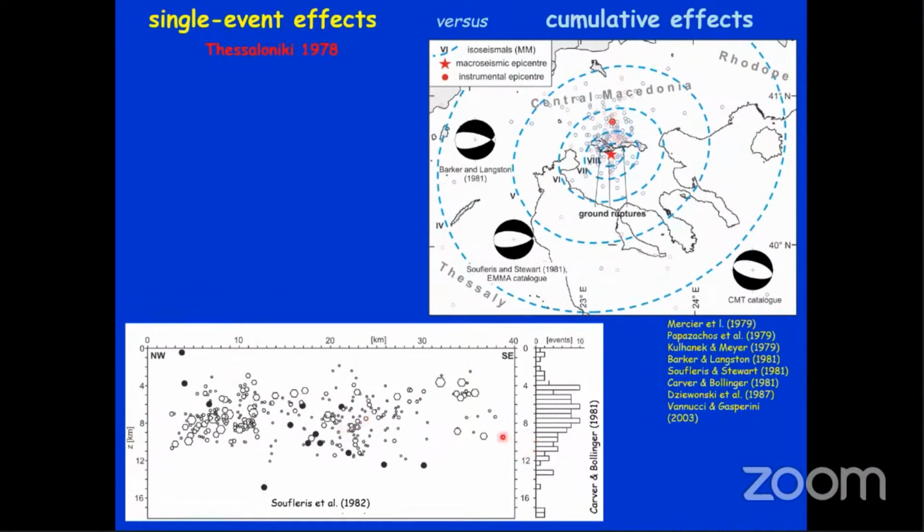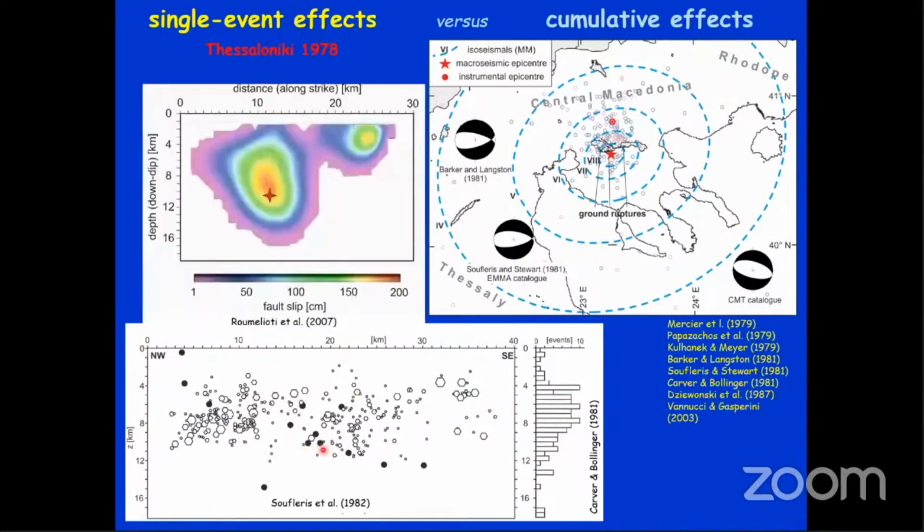And as Massimiliano has shown very nicely, the cutoff of the depth distribution, in section or cumulatively, is a nice proxy of the brittle-ductile transition. With this, we have a good constraint of the down-dip dimension of the possible seismogenic sources. So we can constrain some of the tectonic parameters.